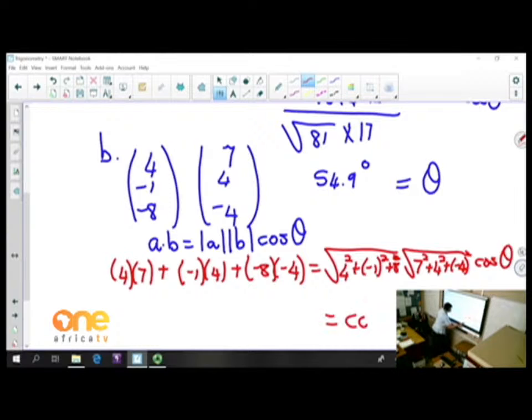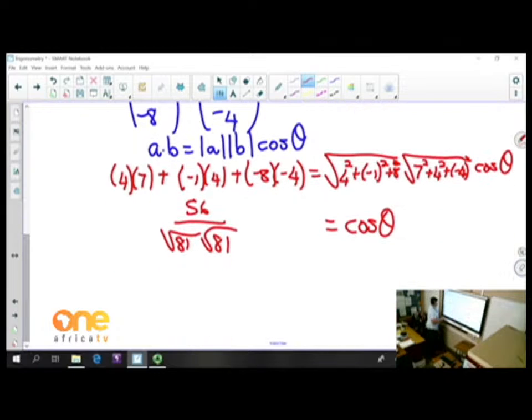So eventually cosine theta is equal to, so we do our calculations here, 56 over the square root of 81 times the square root of 81. You can change it to 9 if you want to. And then second function cosine, and the value of theta is 46.3 degrees.